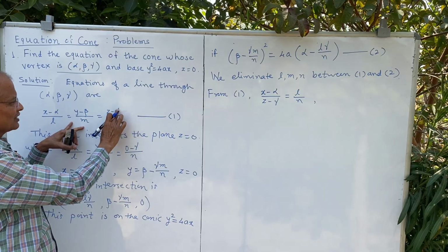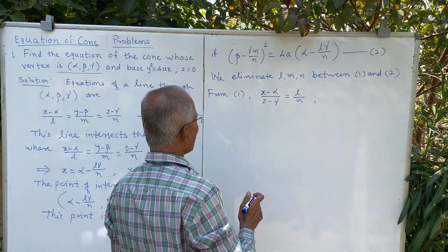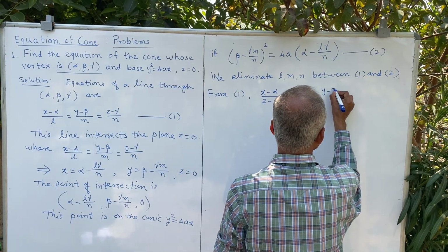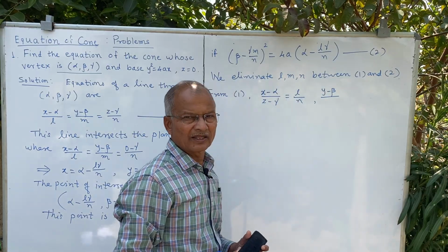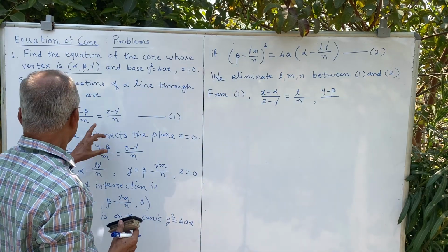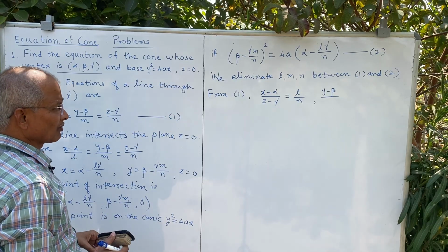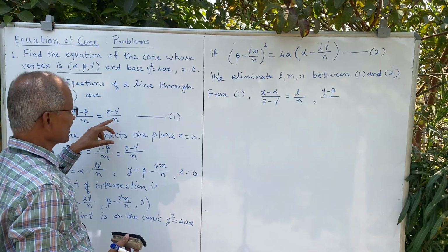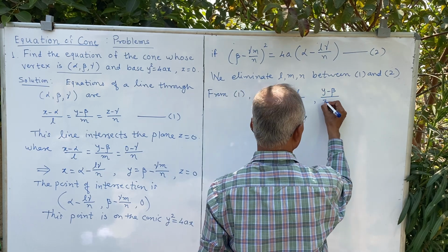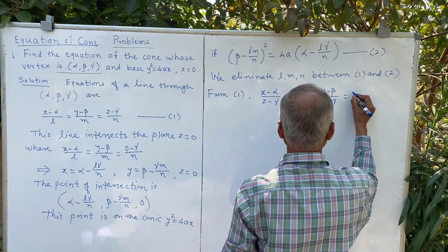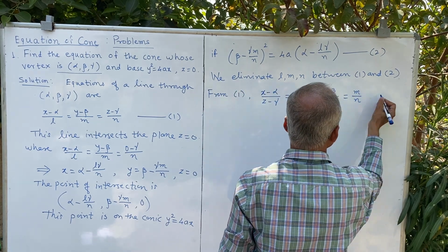So transfer M to this side, z minus gamma to the left side, and that will be (y minus beta) divided by (z minus gamma) is equal to M upon N. The same procedure we have done in obtaining the equation of a cone earlier, considering a general conic.